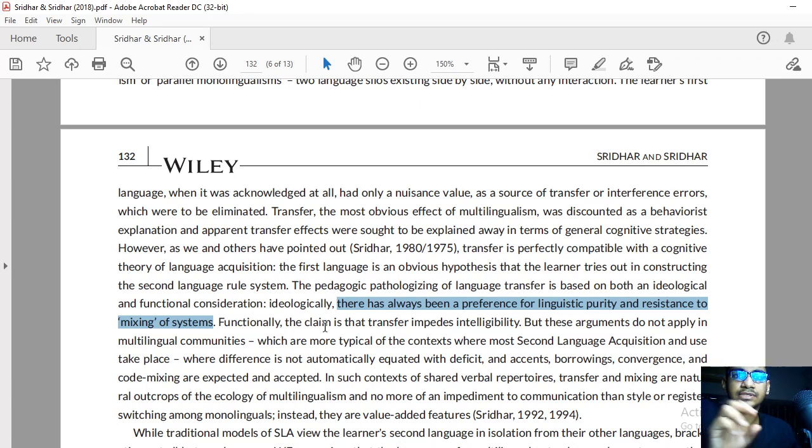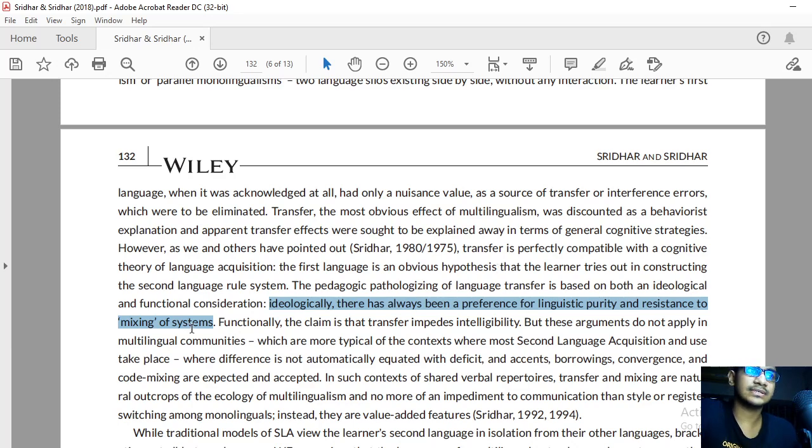But we don't think about it like that anymore. We think that if people can communicate with many people, then they are better. Intercultural and interlinguistic competence is better than monolingual competence. So that was the ideological part: people thought that any kind of mixing of two languages is a negative thing.